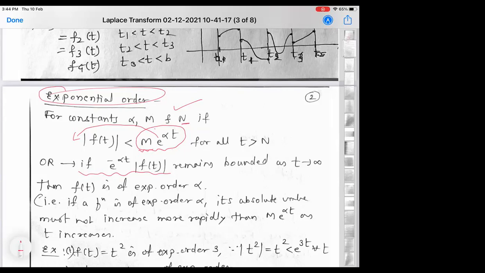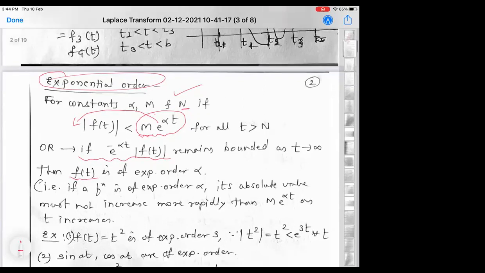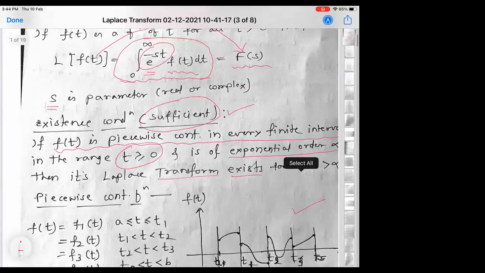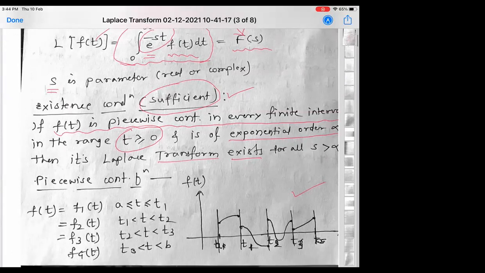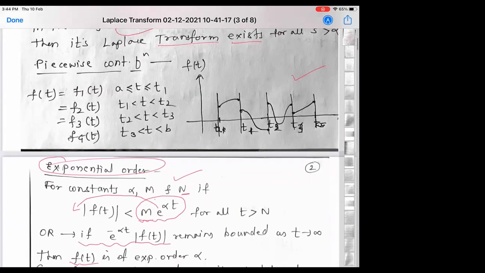And in that case f of t is of exponential order alpha. So these are the two conditions: the function should be piecewise continuous in every finite interval and of exponential order alpha. Then only the Laplace transform exists for the function of t.